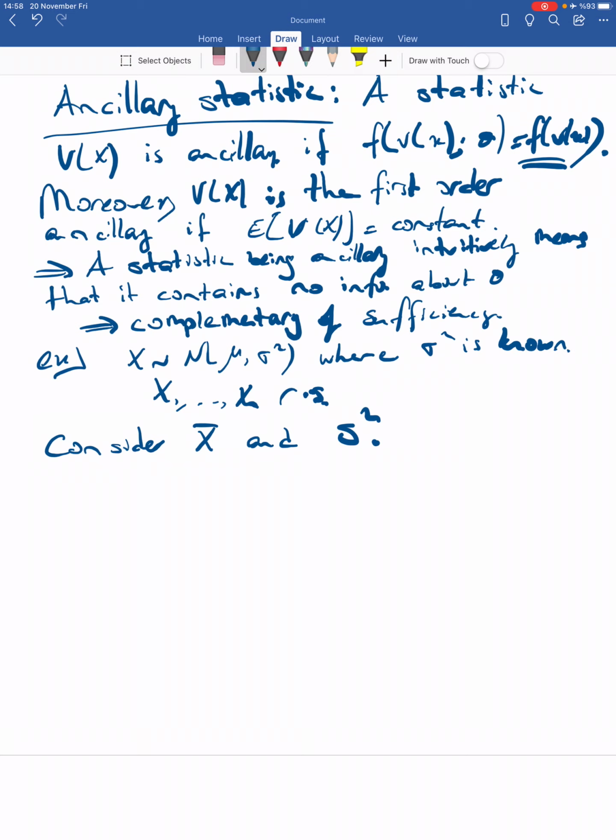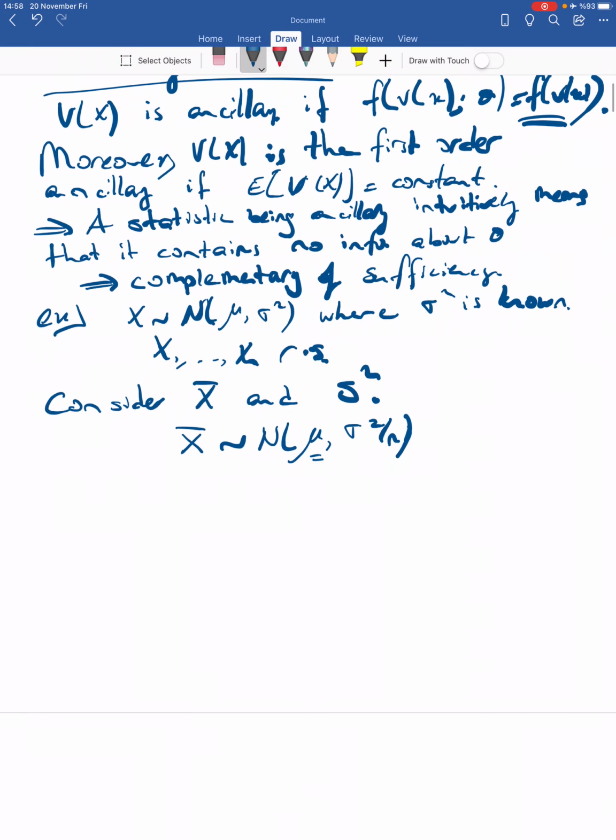When we consider x bar, what is the distribution of that? It is still normal because a linear function of a normally distributed random variable is also normally distributed. So it has mean mu and variance sigma square over n. So the distribution of x bar contains mu, so it cannot be an ancillary statistic.